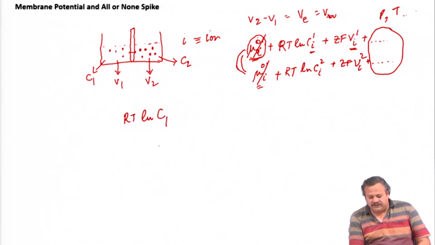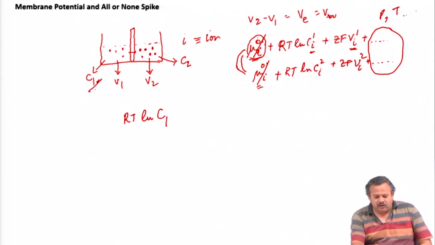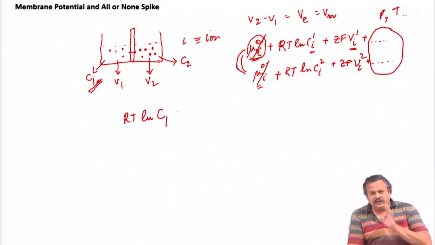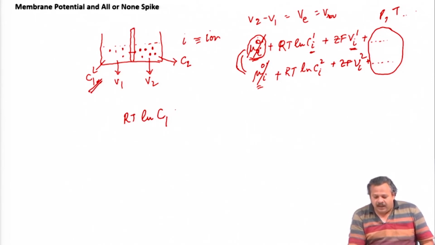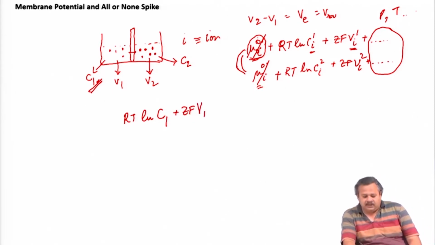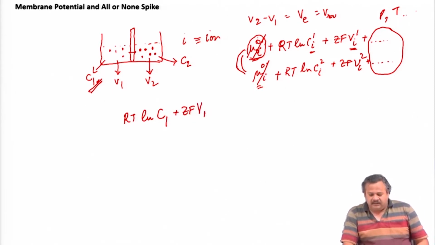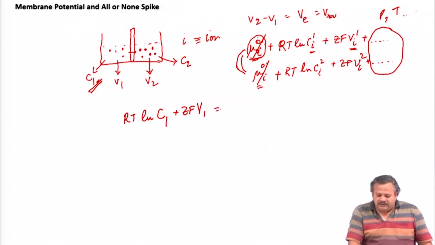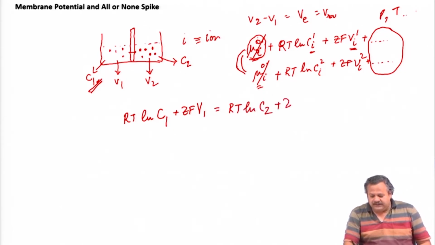Let us drop the suffix I and return to this form of writing the concentration, that is C1. We are assuming that it is only ion I here, plus ZF V1. Again, we are dropping the suffix I and replacing V1 I by V1, and this will be equal to RT log C2 plus ZF V2.